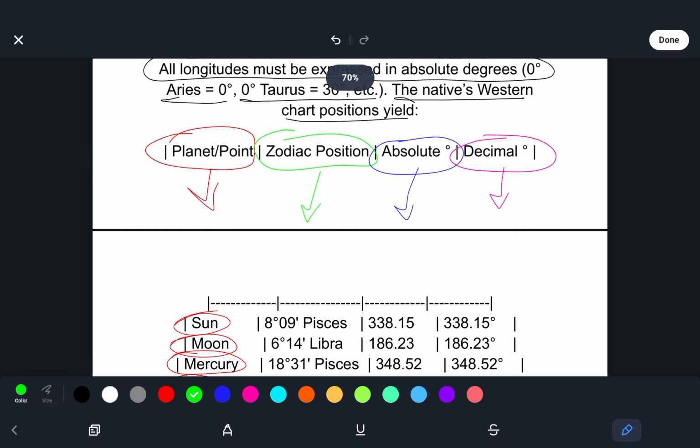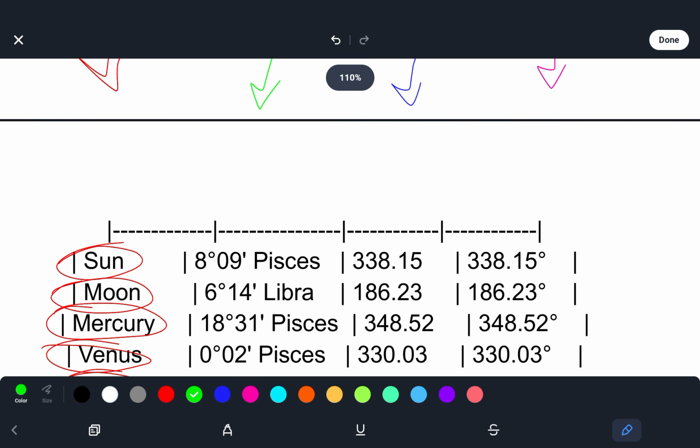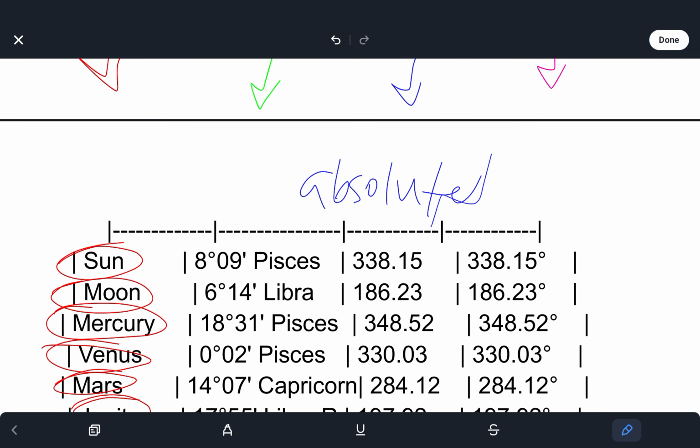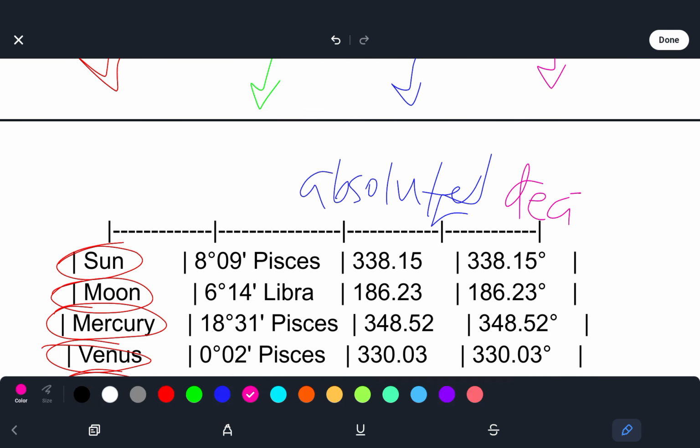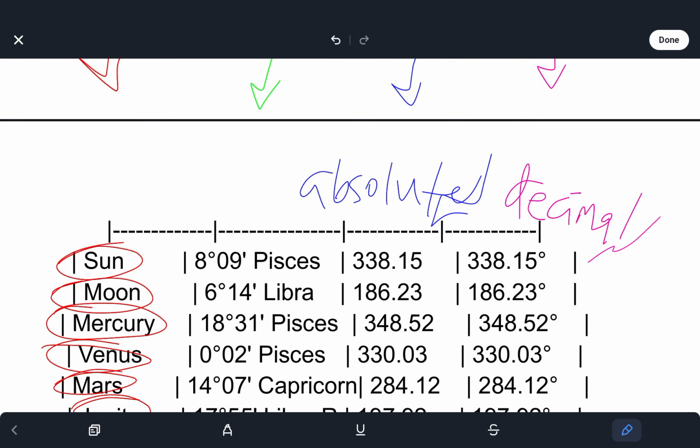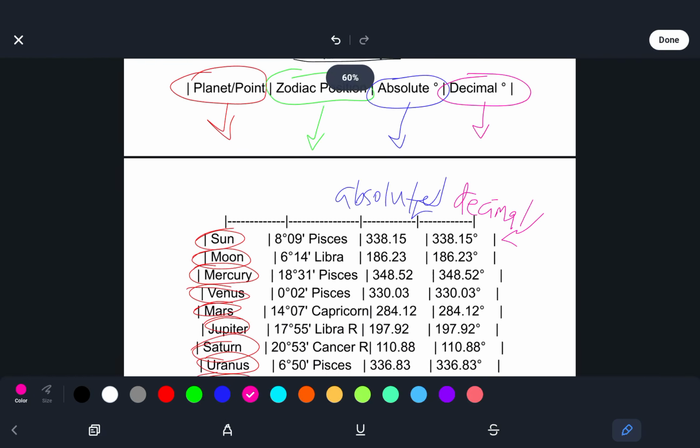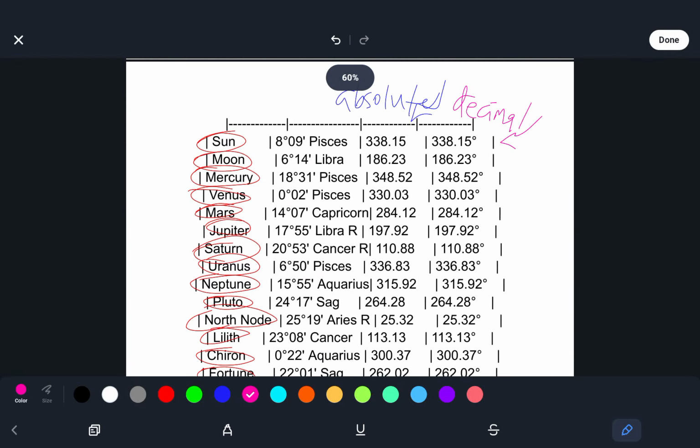We're remembering our absolute degrees, and then we have our decimal. There's a lot of math involved in astrology.